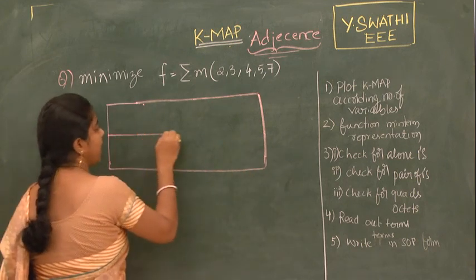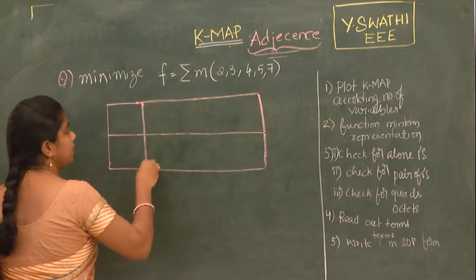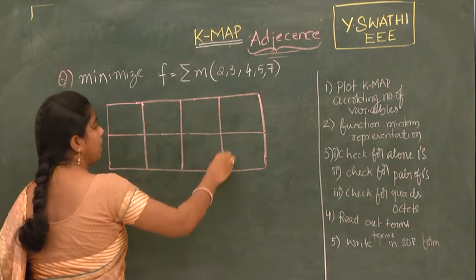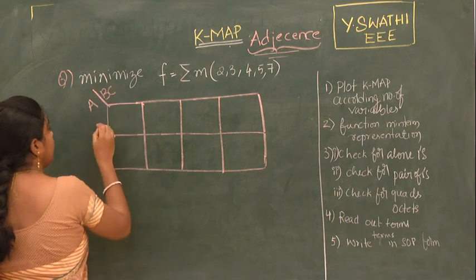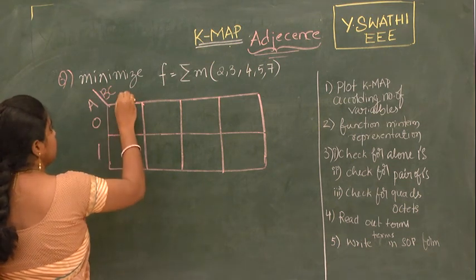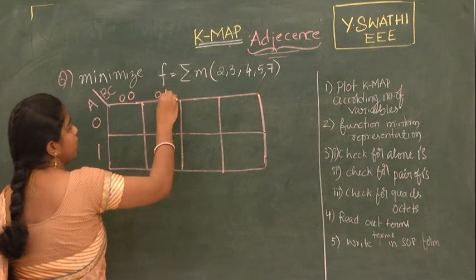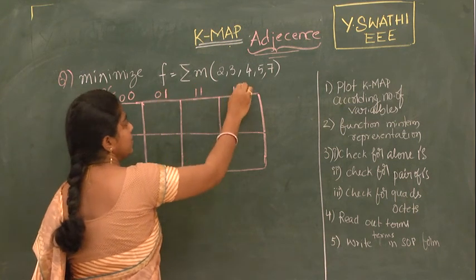Taking the variables as A, B, C, zero, 1, 0, 0, 0, 1, 1, 1, 1, 0.